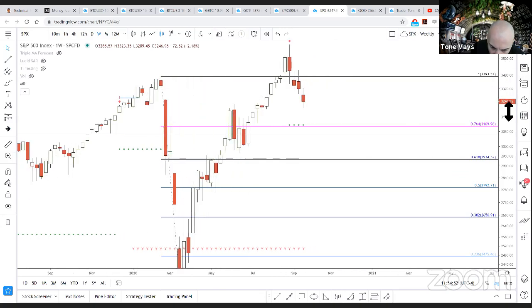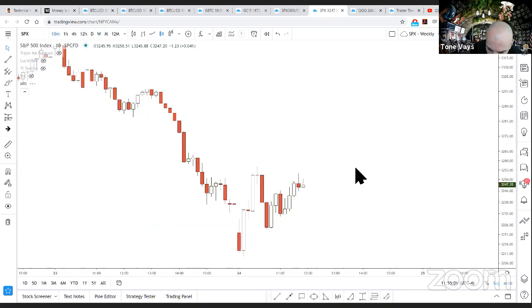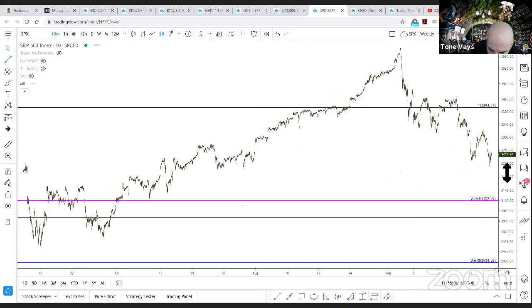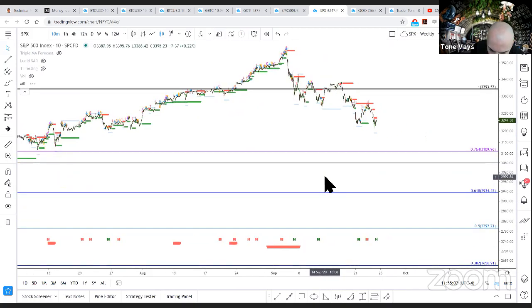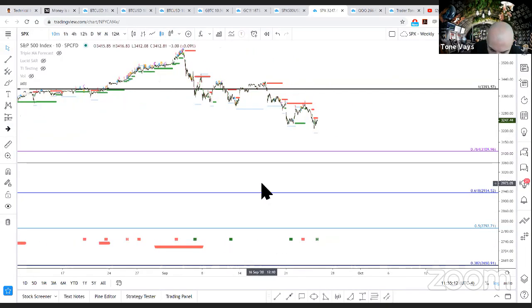Right, so you can see how the weekly had an MRI top. If you go to a low level time frame, like say 10-minute, and you zoom it out once the MRI loads. When you go to the 10-minute, it's really cool because, oh wow, I can't zoom in anymore.